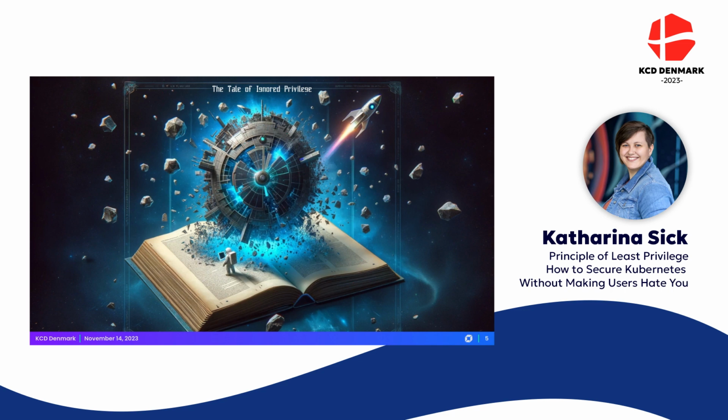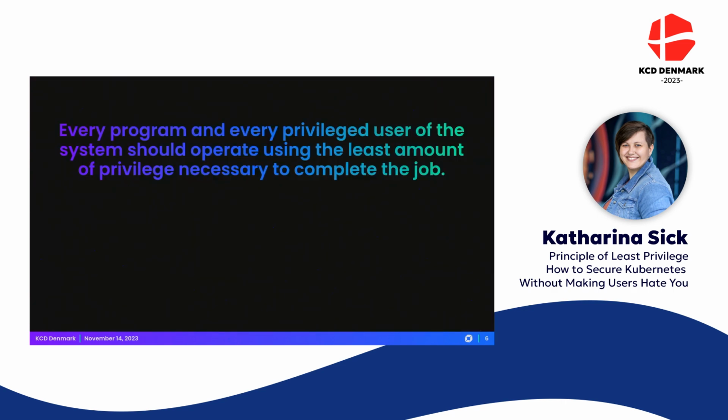But how could the principle of least privilege have helped in this regard? To learn about that, let's take a look at the definition, or one of the definitions I found. And here it says that every program and every privileged user of a system should operate using the least amount of privilege necessary to complete the job. So the first very important part in there is every program and every privileged user.